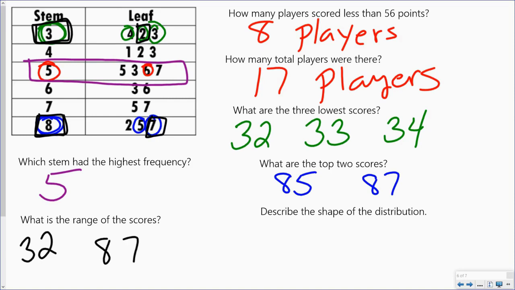And the difference between 32 and 87 is 55 points. Describe the shape of the distribution. Well, my peak, or my highest frequencies, are kind of in the middle here, and everything else looks the same on both sides. So I would say that this is symmetrical.